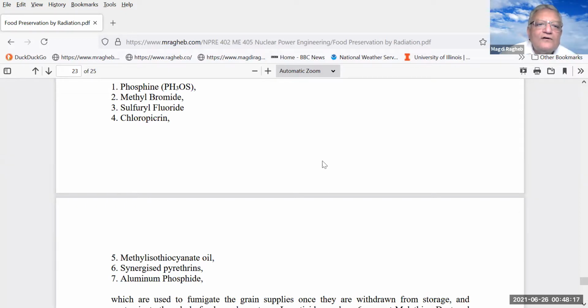They use the following: phosphine, PH3, methyl bromide, sulfuryl fluoride, chloropicrin, methyl isocyanate. We see the word cyanate, that is toxic, that's a poison. Synergized pyrethrin, this is from the chrysanthemum flowers, and aluminum phosphide.